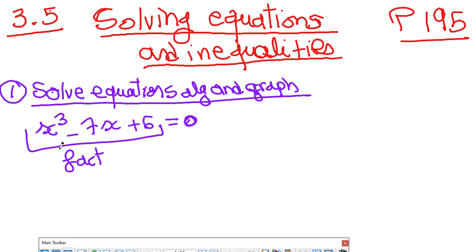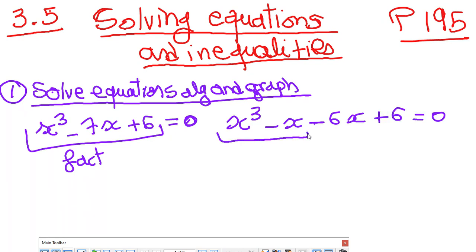So if I want to use the splitting, because I didn't do it in the preceding lesson, I will split minus 7x, and you already know how to do the synthetic division to do the factorization. So if I split, I have here x cubed, minus x, minus 6x, plus 6 is equal to 0.